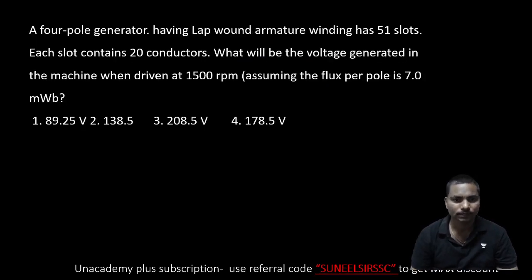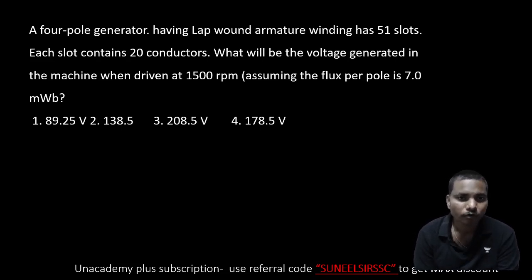A 4-pole generator having lap wound armature winding has 51 slots. Each slot contains 20 conductors. What will be the voltage generated in the machine when driven at 1500 RPM, assuming flux per pole is 7 milliweber? In this case we know the formula.